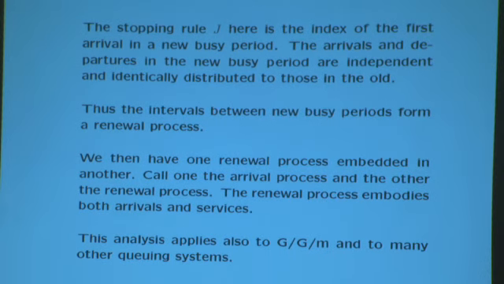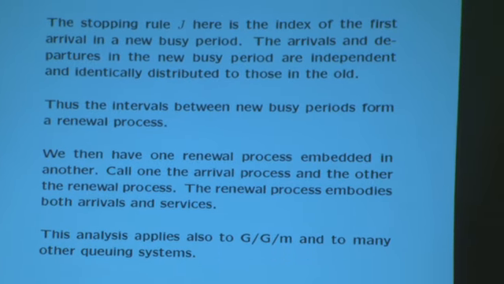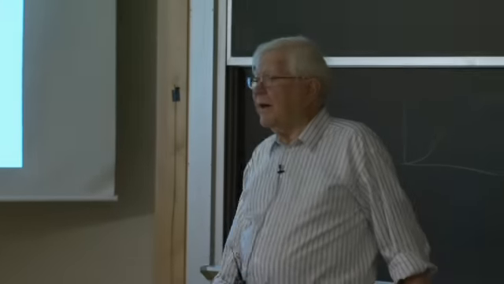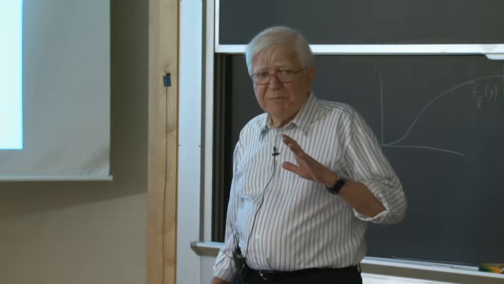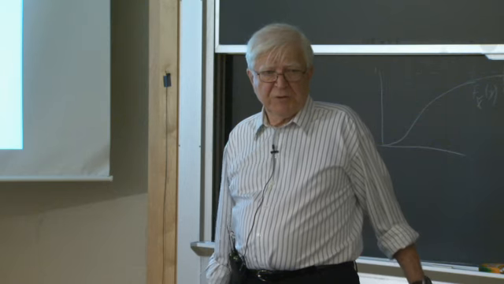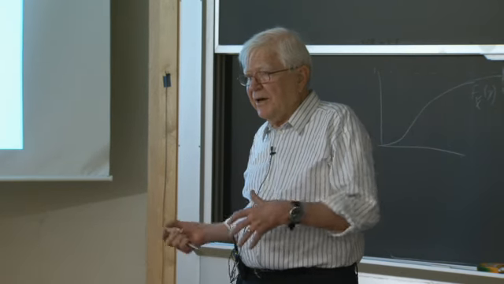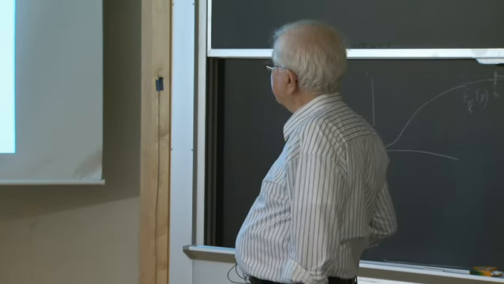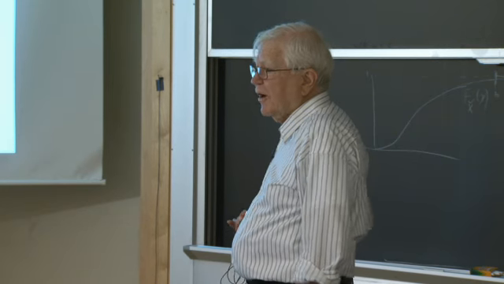The outside renewal process of the arrivals are what you start out with. These embedded renewals are in fact functions of both the arrival process and the service distribution. So that's a more complicated thing, but at least you now know that that's an arrival process.